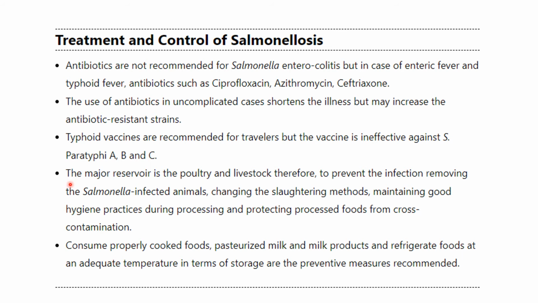So to prevent infection, you need to remove Salmonella-infected animals. You need to identify Salmonella-infected animals in your farm. Change the slaughtering methods to lessen the population of Salmonella in the meat. Maintain good hygienic practices during processing and protect processed food from contamination. So that is from the processing perspective.